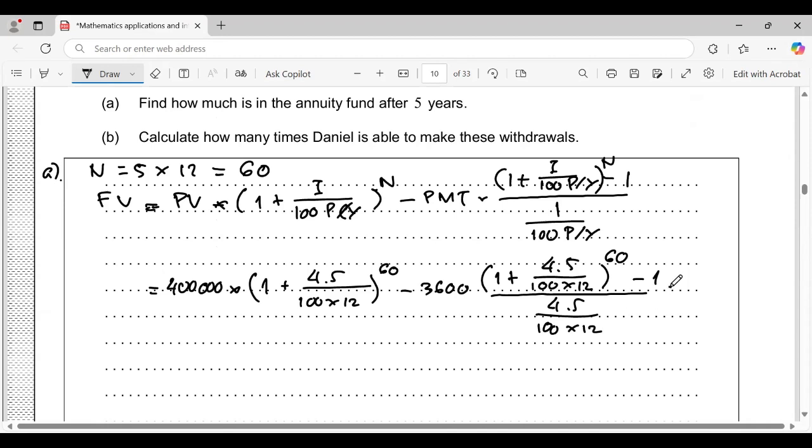And if you calculate, the result is 258,994. Rounded off, it becomes 259,000.